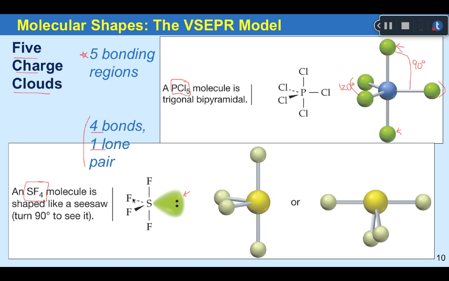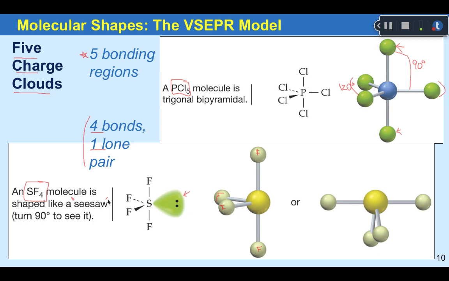And so it's going to be on that equatorial plane. So you have 2 fluorines in axial positions and 2 fluorines in equatorial positions, and the lone pair is pushing away from the 2 in equatorial positions to distort the angle a little bit, but we won't worry about that in detail. And the resulting shape is described as a seesaw.